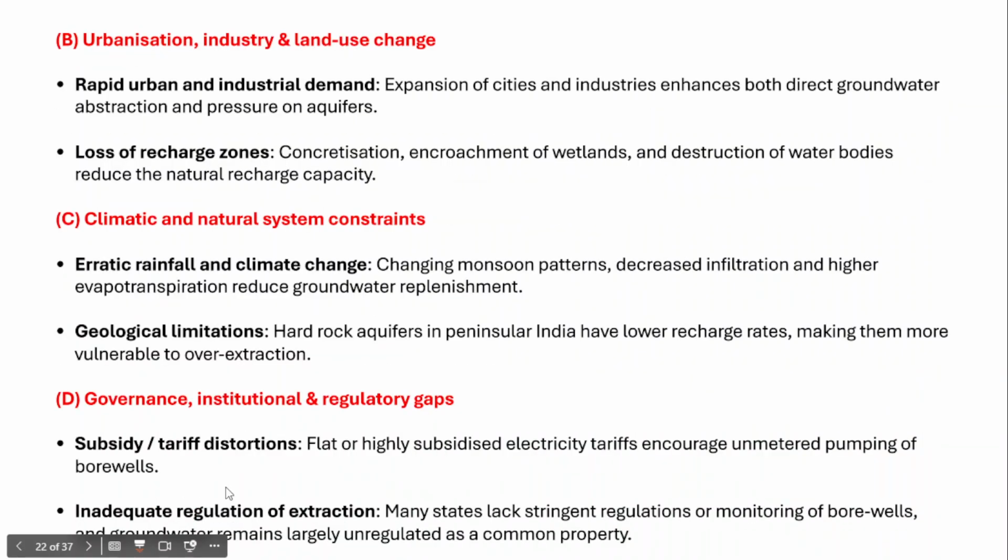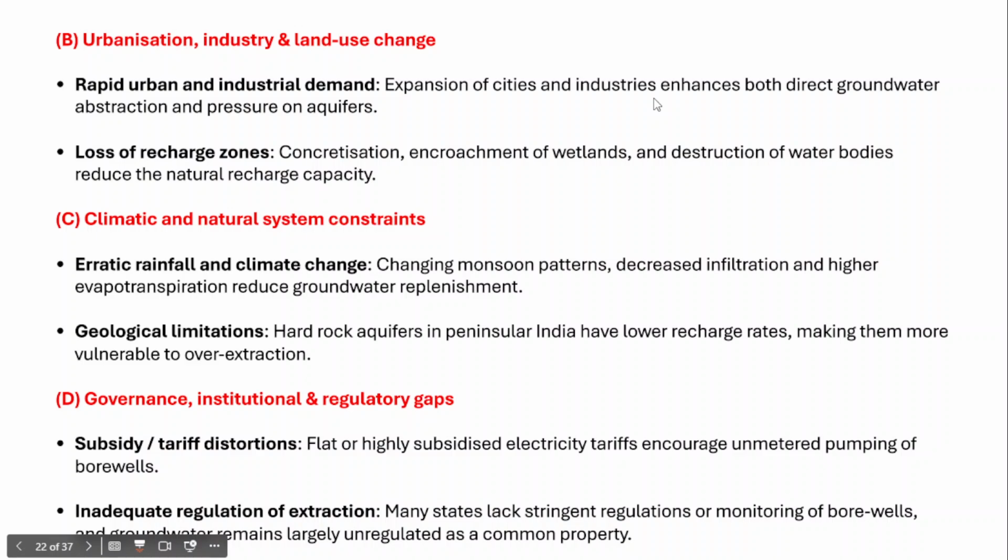Then we have to talk about urbanization, industry and land use change patterns. Because of rapid urbanization and industrialization, there has been an expansion of cities and an increasing presence of industries.